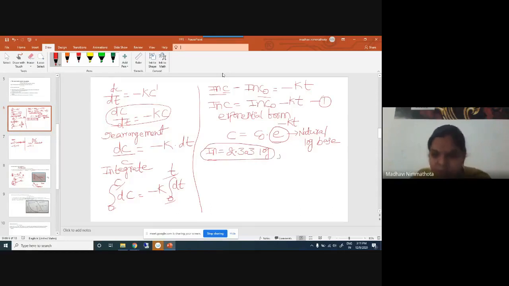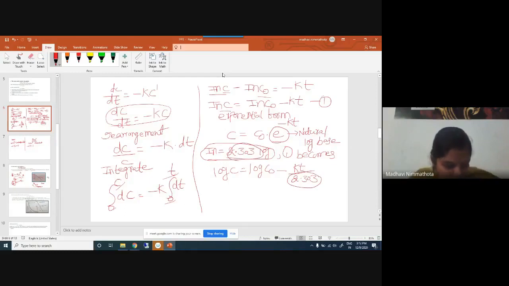So the equation becomes log C equals log C0 minus kt divided by 2.303. Your exponential form is converted into logarithmic form. You get this constant value by replacing ln.